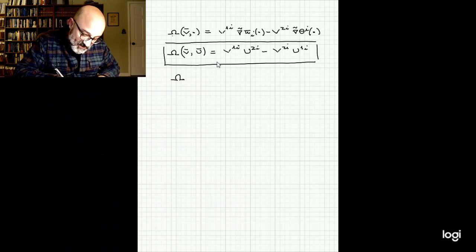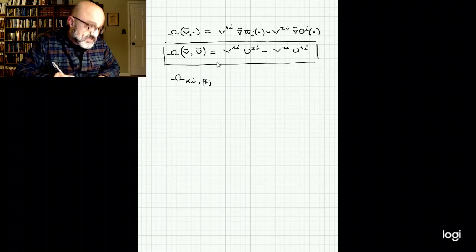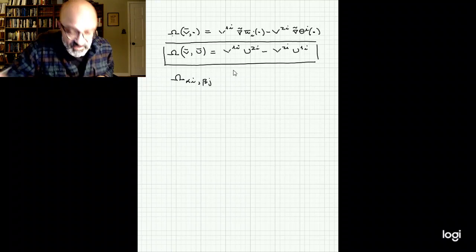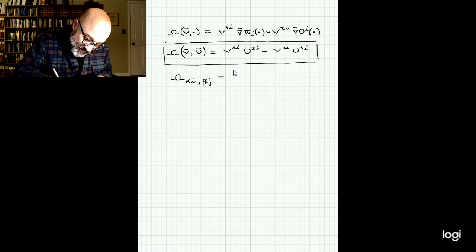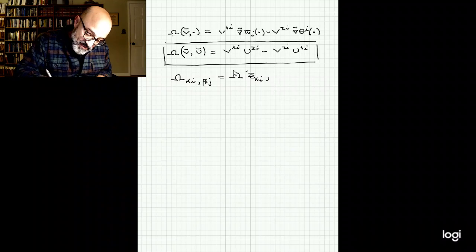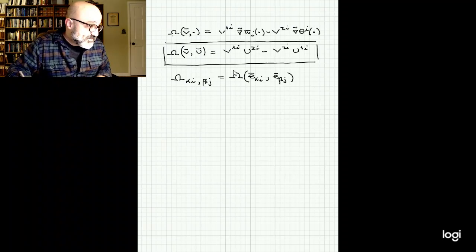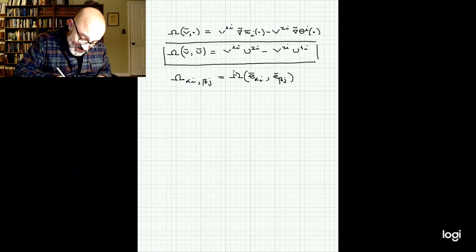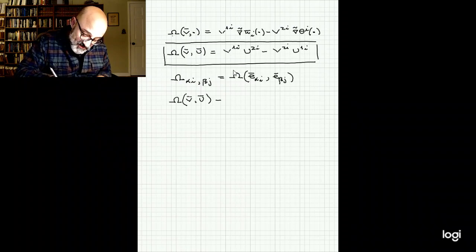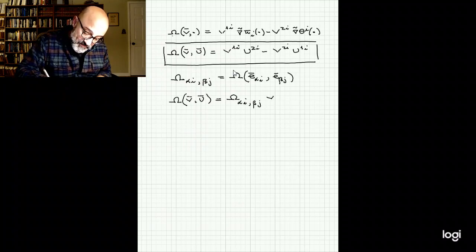The components, we're going to write them as alpha I, beta j. And it's easy to see that these are just omega acting on e alpha I, e beta j. And the way this works is that if you have V, U, this is going to be omega alpha I beta j, V alpha I, U beta j.